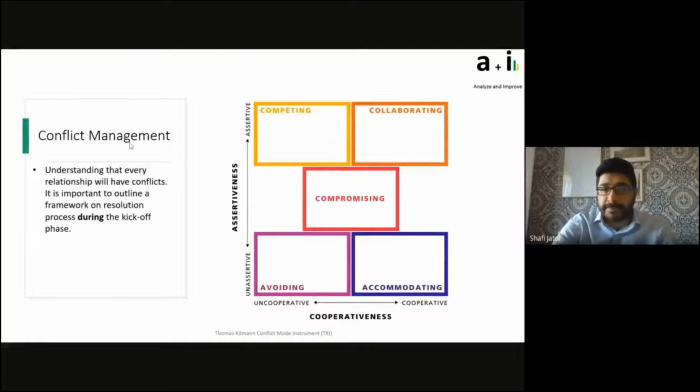And avoiding is something that you wouldn't want to do. If one party brings up an issue and the second party avoids it, that's going to affect the relationship in a detrimental manner. So conflict management is a key piece of contract management, and it is a continuous effort to keep the relationship going.